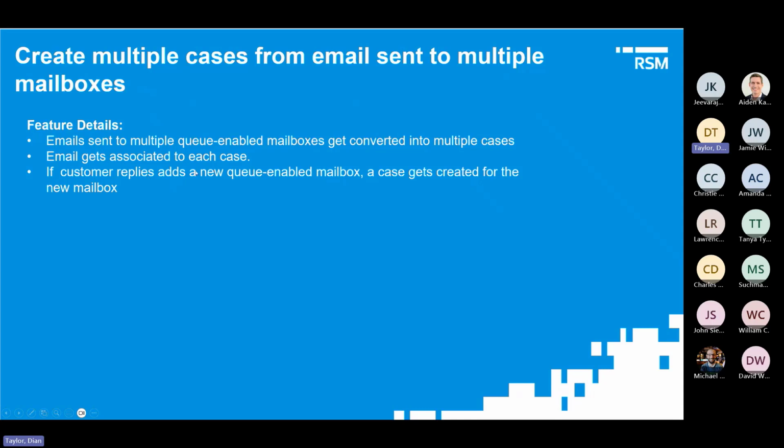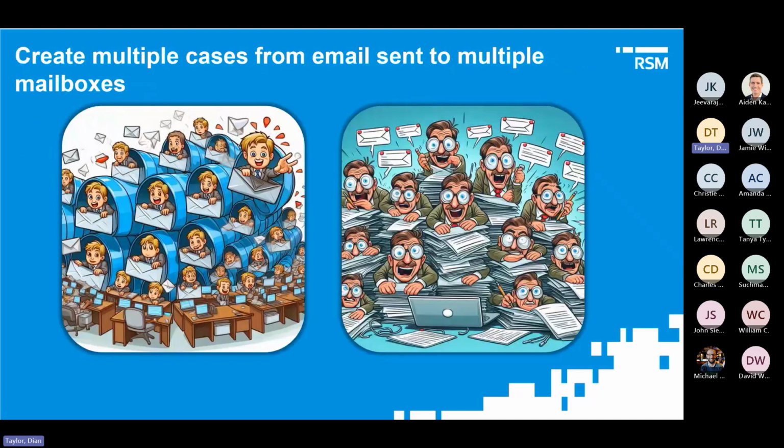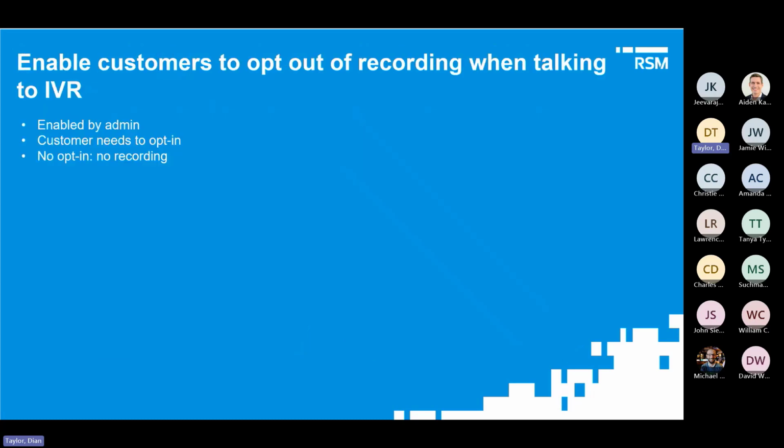Then if a customer replies to an email and adds another queue-enabled mailbox, that one gets a case created as well. Again, I don't know if I like that. I think it's going to drive us crazy to have like five cases for the same customer for the exact same issue. I don't really understand where that feature is coming from, but I'm not going to activate it because I don't think it's a good idea.